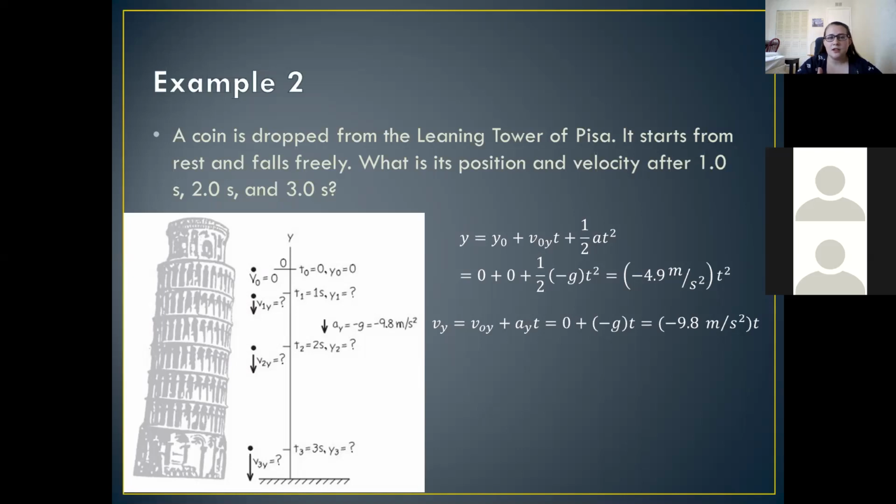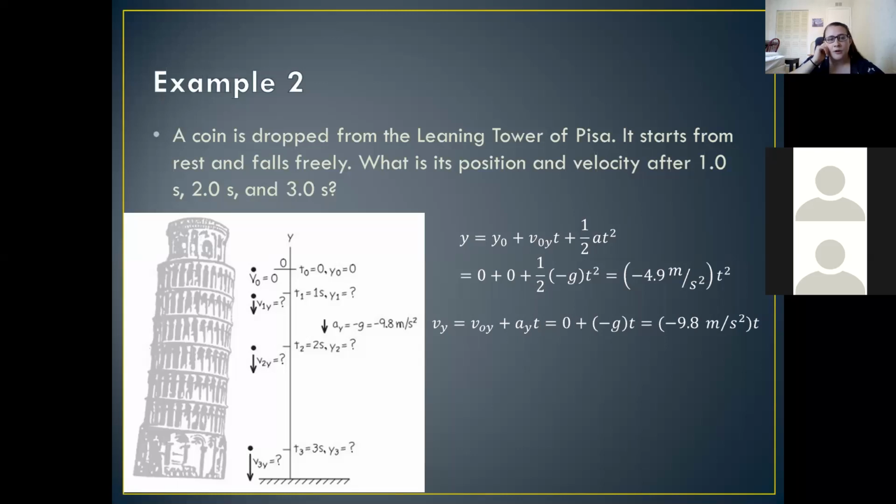So just for the sake of simplicity, I am not going to put my 0 point at the ground. I'm going to put my 0 point where I am dropping the coin. The reason I'm doing that, and you can pick wherever you want to be the 0 point, as long as you keep it consistent throughout the whole problem, is just so I can cross out that initial y position and not have to worry about it, right?